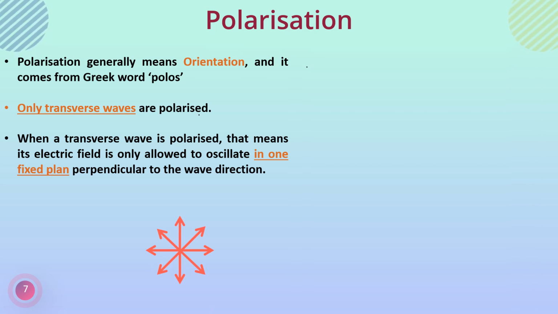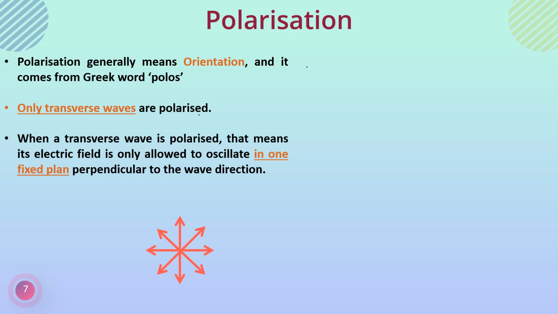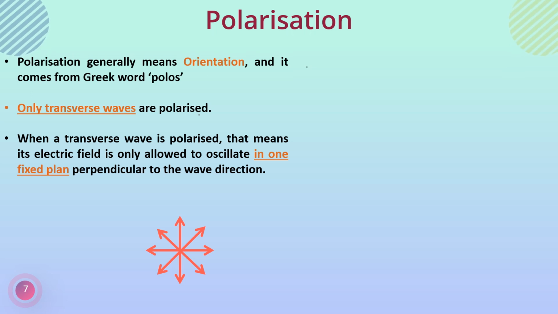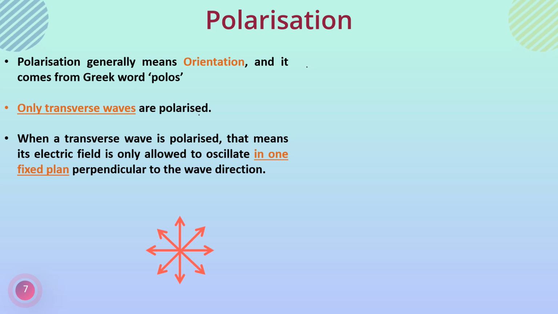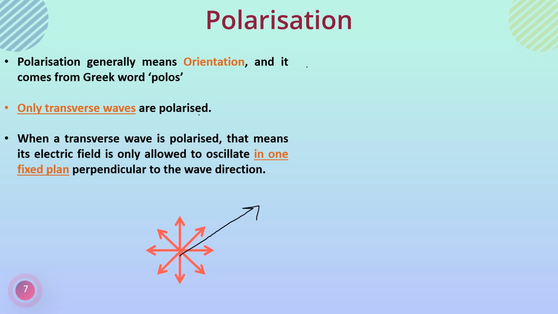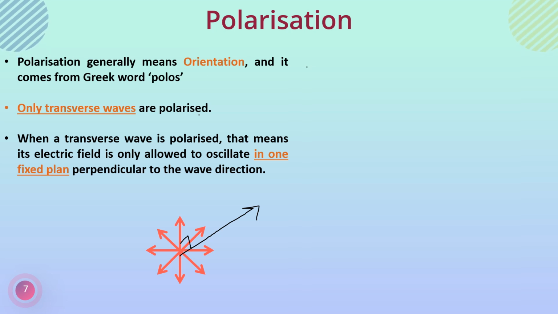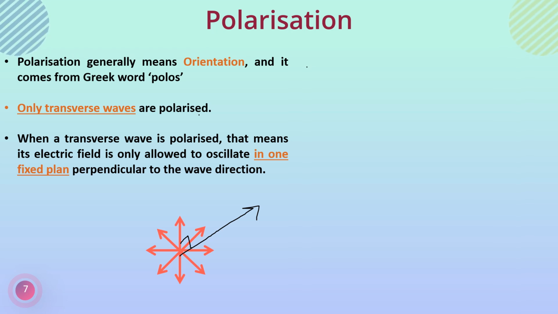Every single line in this notation represents an electric field in one plane. So there is a plane here, and this plane is of an electric field oscillating perpendicular to the direction. Think that this is the direction, and this is the plane, and you can see it's perpendicular. So all of these planes are perpendicular to the direction of the wave.